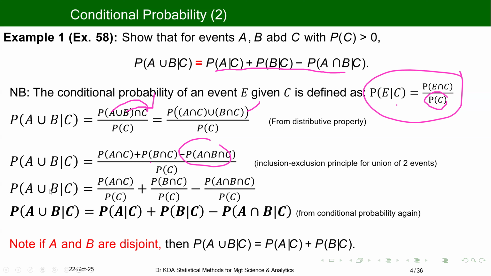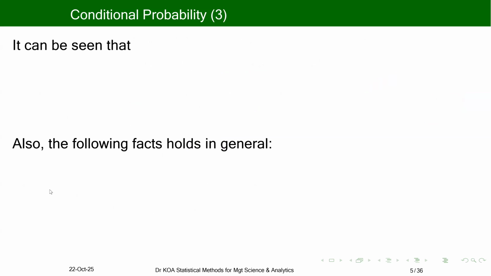Now, still following on the principle of conditional probability here, you would notice that the probability of A complement given B is actually 1 minus the probability of A given B. I'm sure you know that, because the probability of A given B plus the probability of A complement given B is 1.